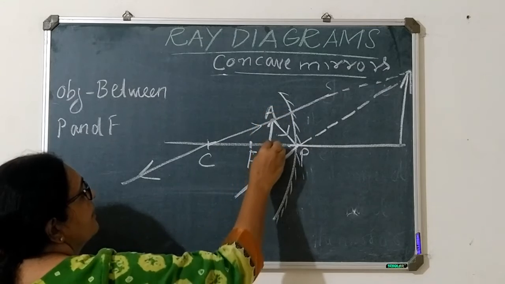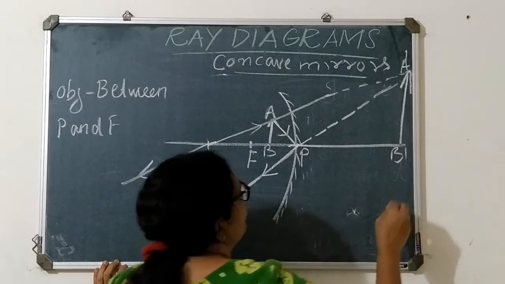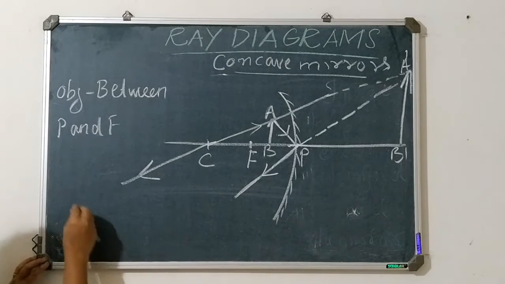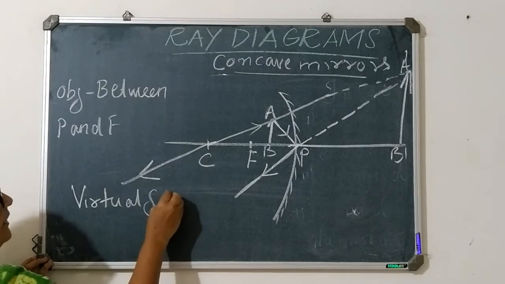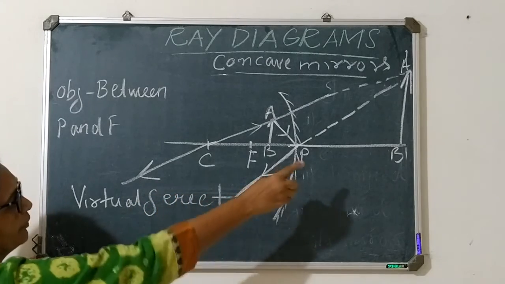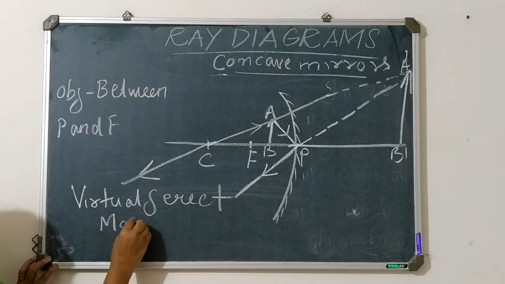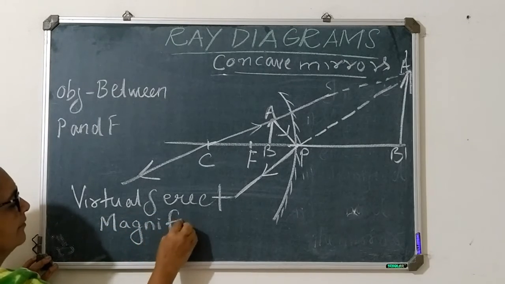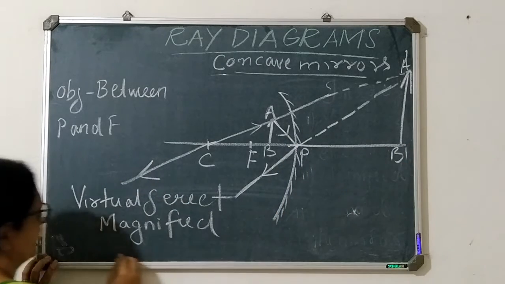This is AB object and this is A dash B dash image. So here the type of image becomes virtual and erect, and we know that the size is magnified, bigger than the object, and the image you are getting behind the mirror.